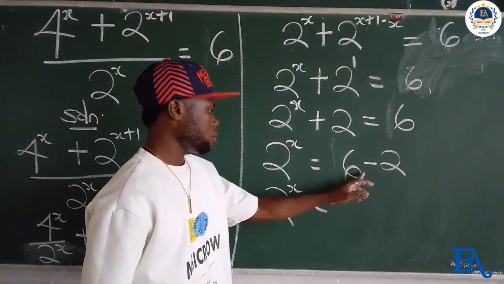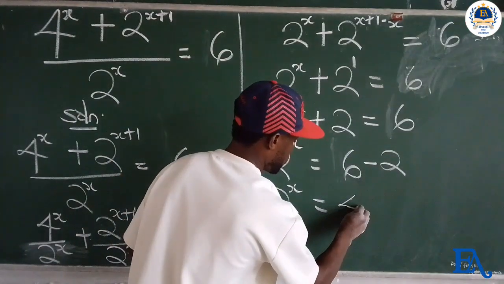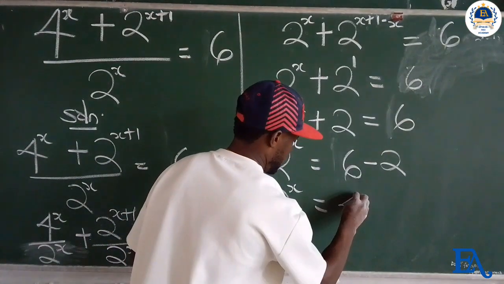So we have 6 minus 2, and 6 minus 2 is equal to 4.